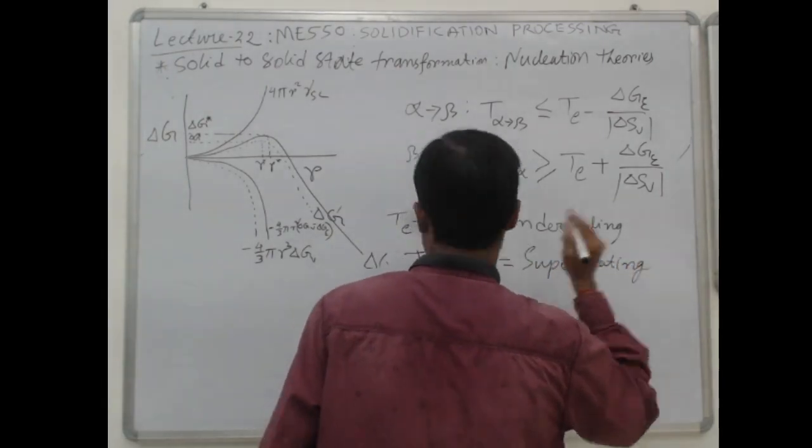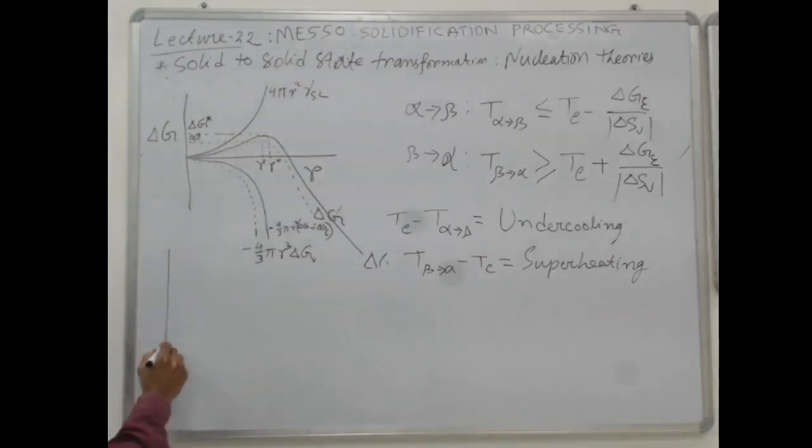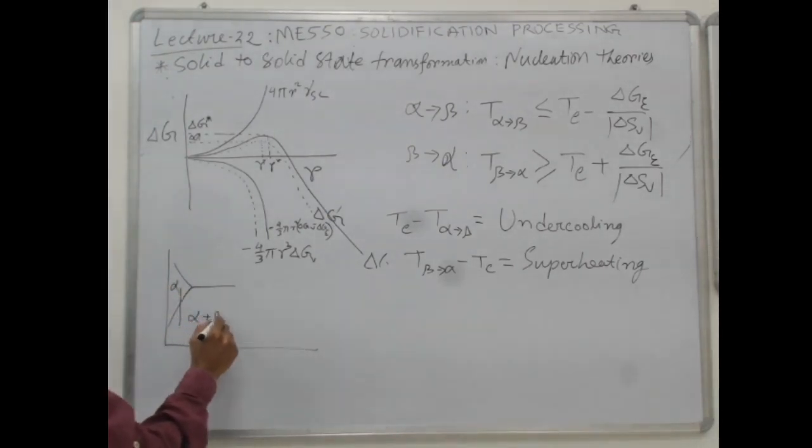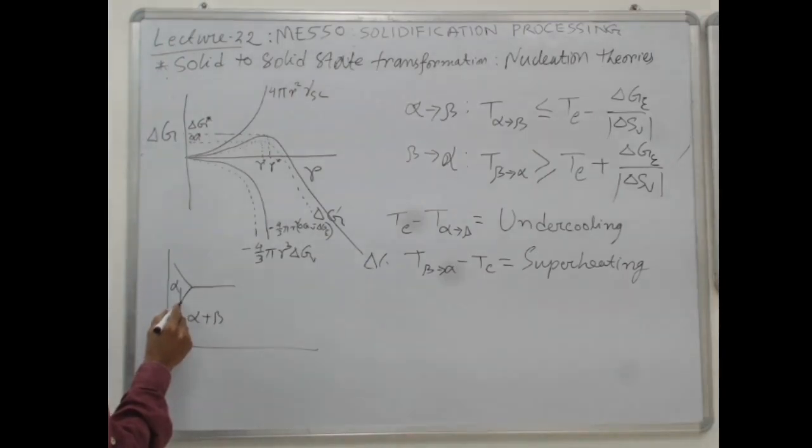If you see the phase diagram, again we were focusing on this part, alpha to alpha plus beta. This is a particular temperature, a constant temperature at which the transformation takes place. So when alpha to beta or beta to alpha transformation takes place, it occurs at a particular temperature.